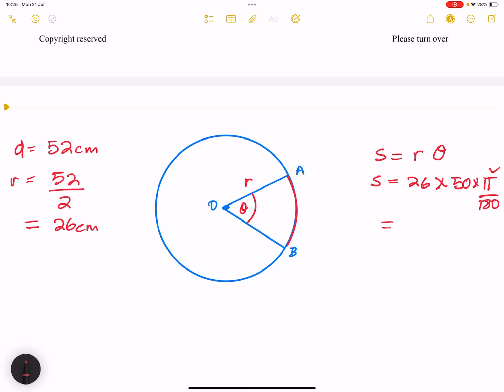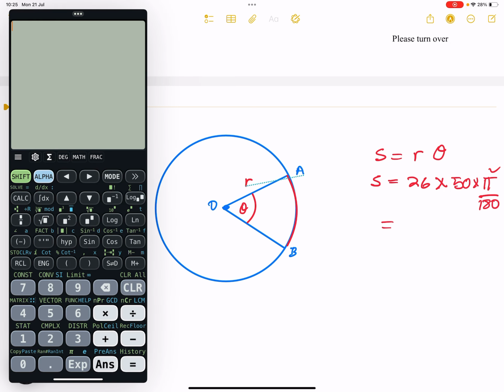So let's do that quickly: 26 multiplied by 50 multiplied by pi over 180. We get 22.69 centimeters, and that is what our arc length is.